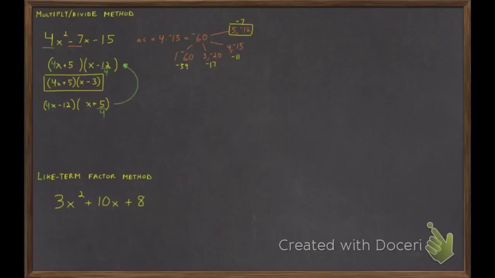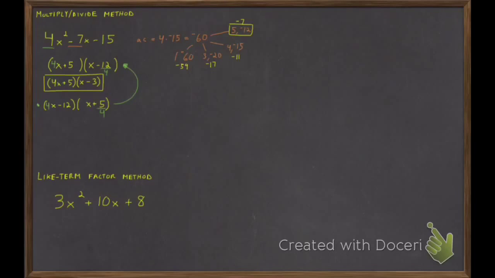Just say, okay, if I put the x plus 5 first and do the multiply-divide method, I will get the correct answer, or the most simplified answer. Remember, this right here is a correct answer. It's just not pretty. It's not as simple as our boxed in answer. Don't panic. Rewrite the binomial by switching up the parentheses, and you will get the correct answer.